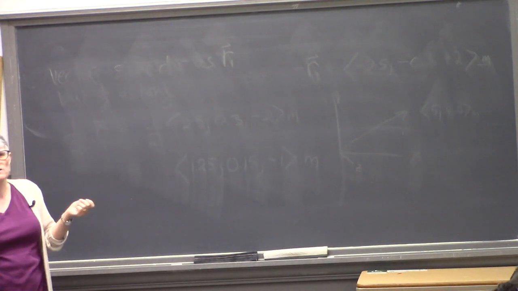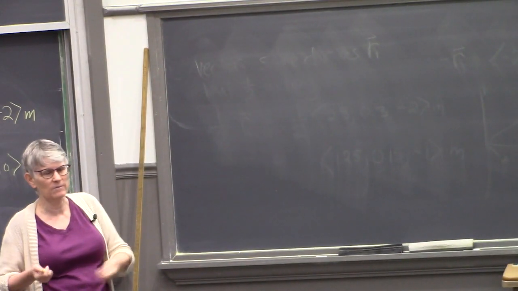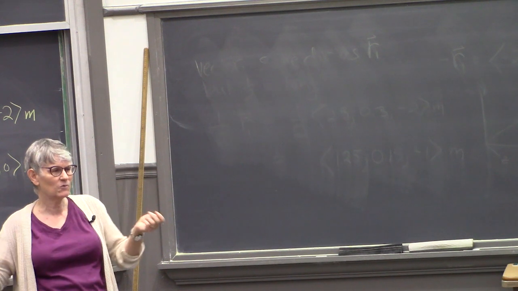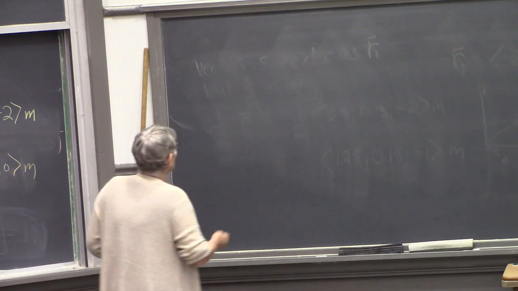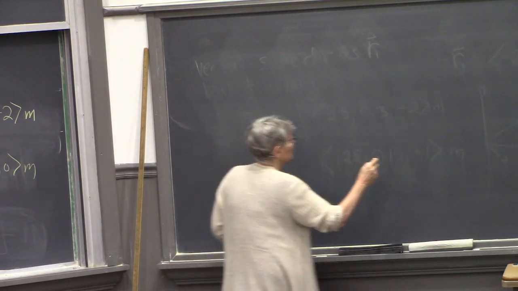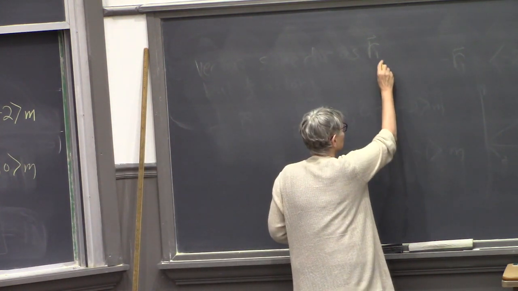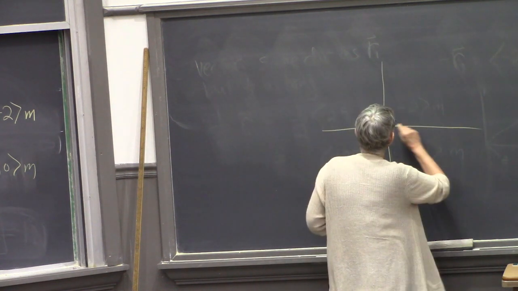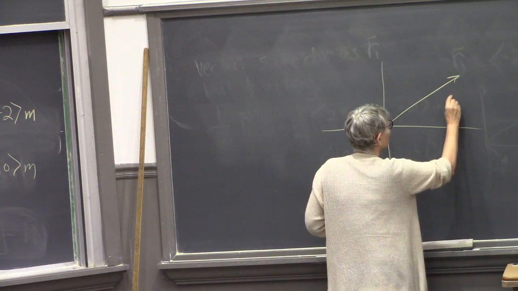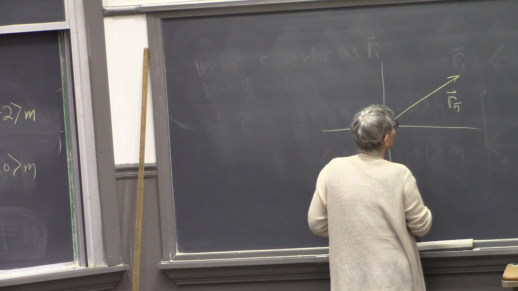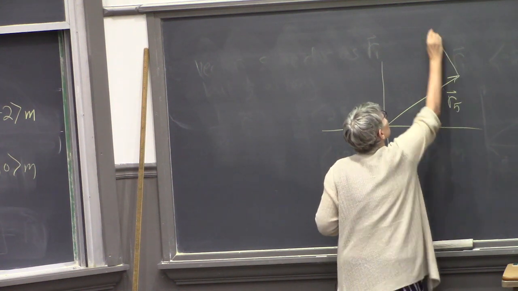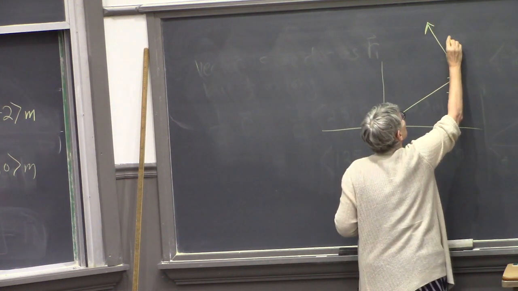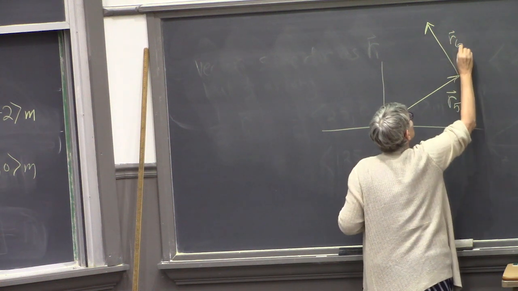So let's talk about how to do this graphically. Now, it's actually kind of tough to draw in 3 dimensions. This is one reason we want this 3D computer environment, so that we can actually draw arrows in 3 dimensions. But if we did this in 2 dimensions, here's our origin, here was some vector r5, we're adding to it some vector R6.